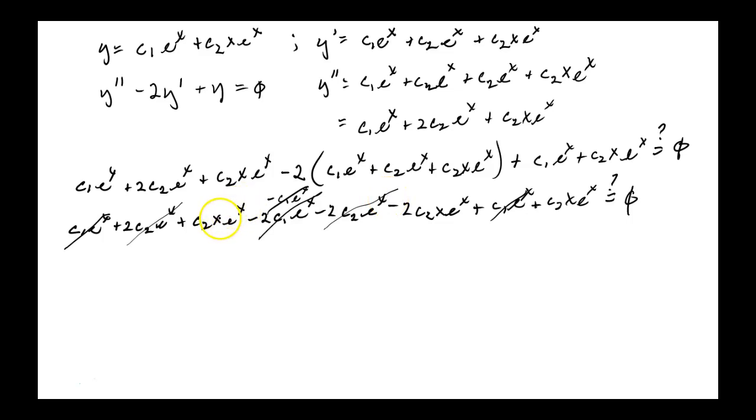And here we have a C2x e to the x plus another C2x e to the x, but then a minus 2C2x e to the x. So those go away too, and we're left with 0 equals 0. So yes, we have verified that that two-parameter family is a solution to that differential equation. Now, we haven't figured out how they got it, but we do know it is one. Okay?